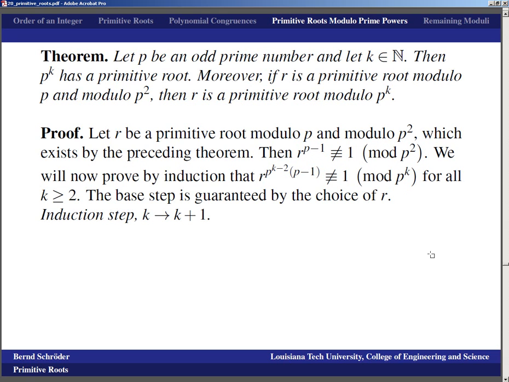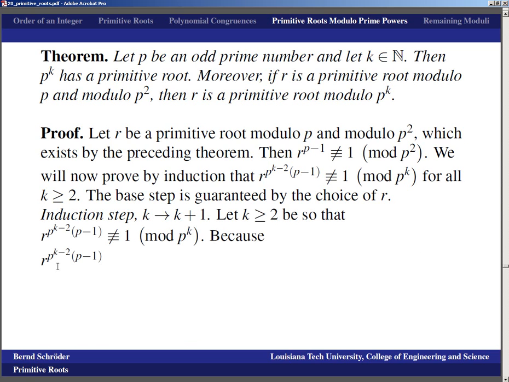And the induction step, k going to k plus 1, well, you let k greater or equal than 2 be so that r to p to the k minus 2 times p minus 1 is not equivalent to 1 modulo p to the k. And, well, then r to the p to the k minus 2 times p minus 1 is r to the phi of p to the k minus 1, and that's equivalent to 1 modulo p to the k minus 1.